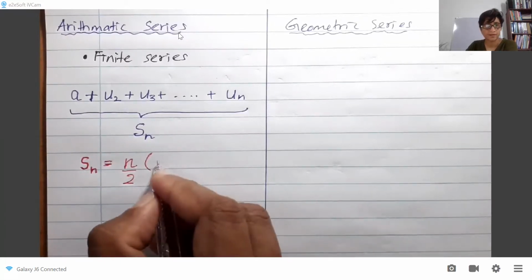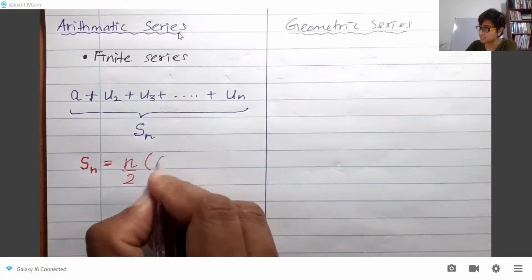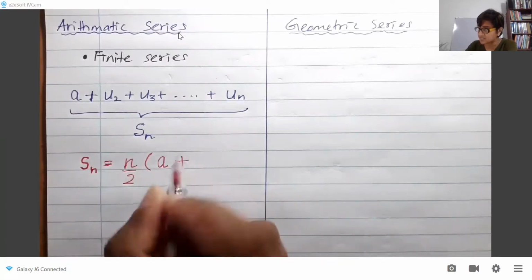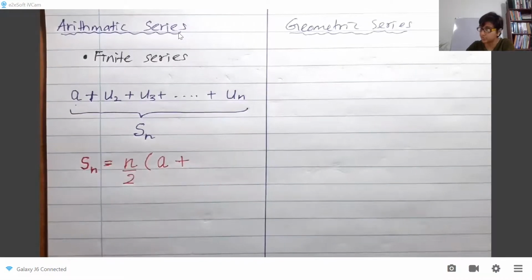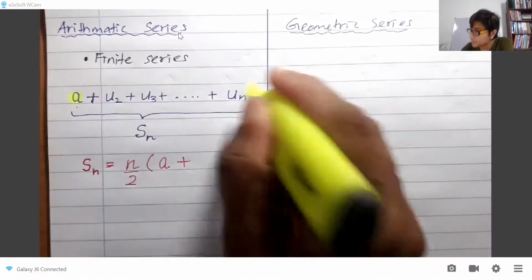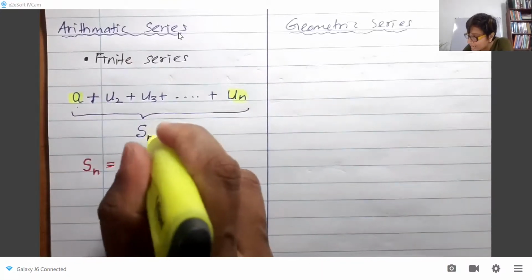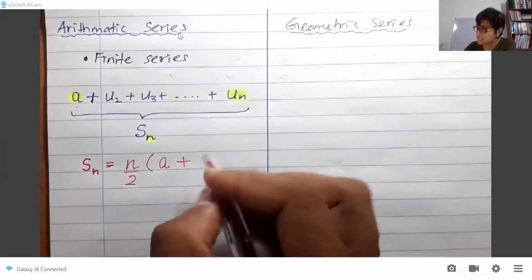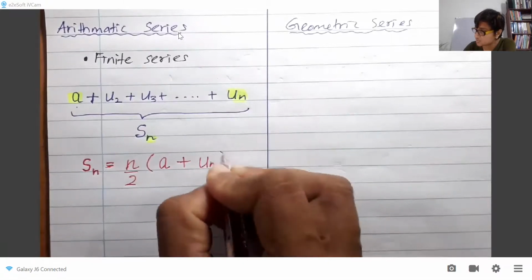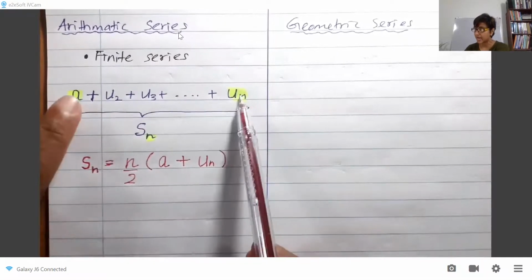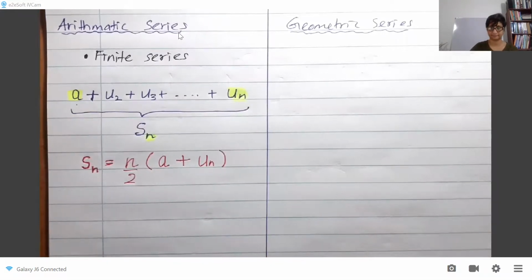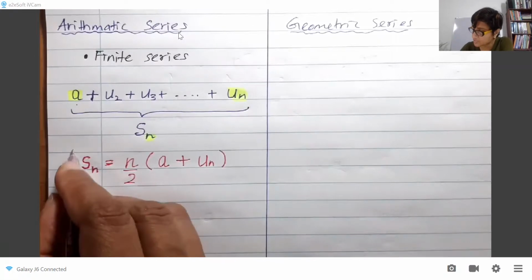Okay, so n divided by 2. I hope you learned it in school, maybe. n divided by 2 times a plus, that's the first term. As I said, you need to know a, you need to know un, and you need to know n, how many terms you're adding. So n divided by 2, times a plus un. This is your formula. You add these two and multiply by half of n. Okay, that's your formula.